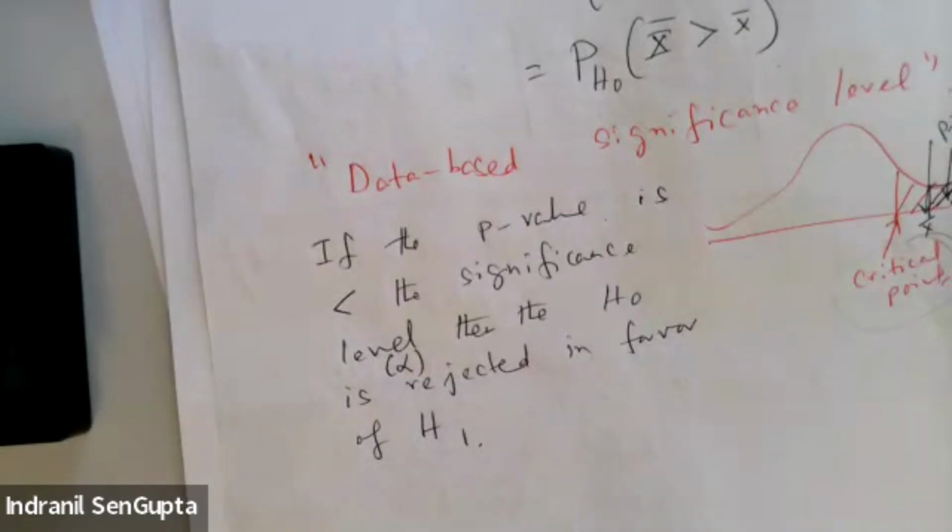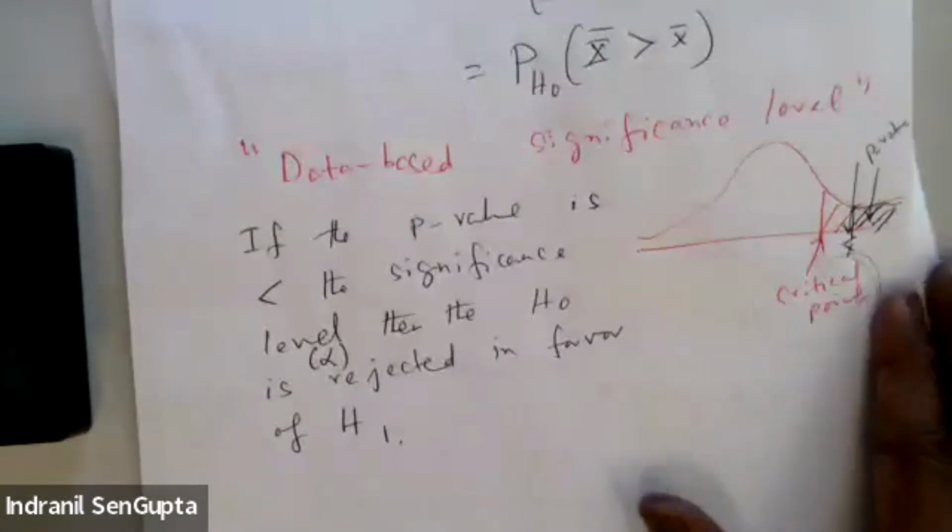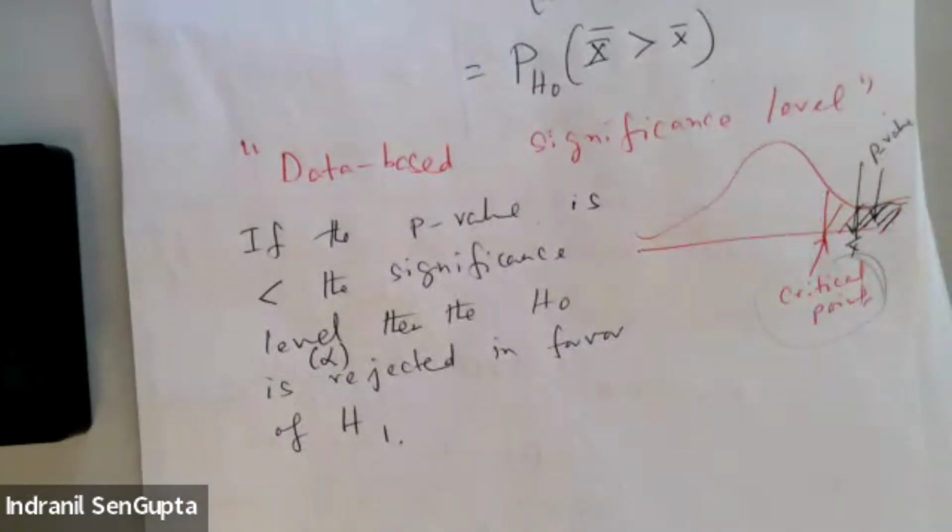Please note that it's data-based. You have to see the sample before you can really compute it. So the p-value is computed after you draw a sample, and there is a preset significance level. You compare the p-value with the significance level.